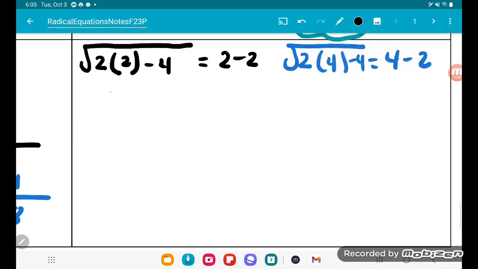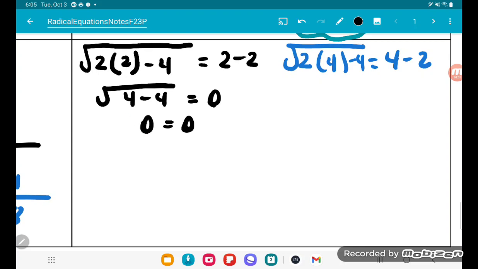Two times 2 is 4. Then 2 minus 2 is 0. So 4 minus 4 is 0. So x equals 2 works.